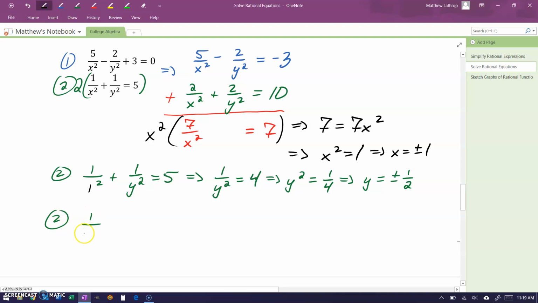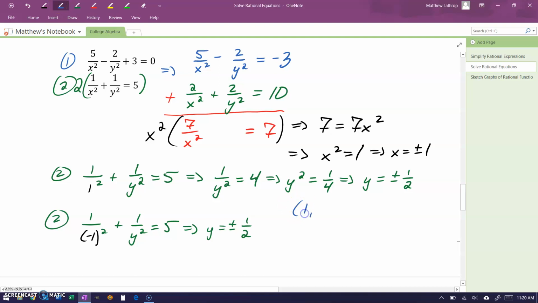If we next plug in x is equal to negative 1 into equation 2, we get 1 over negative 1 squared, which is still just 1. So our logic for solving this will follow the exact same path, and we'll end up again with y is equal to plus or minus 1/2. Leading us to 4 solutions in this case.